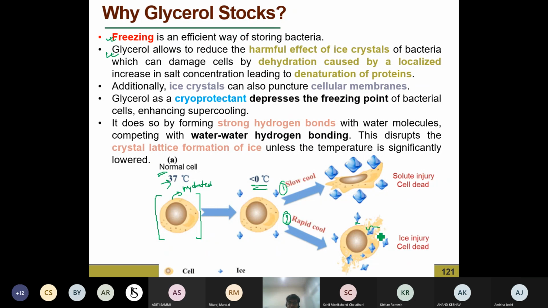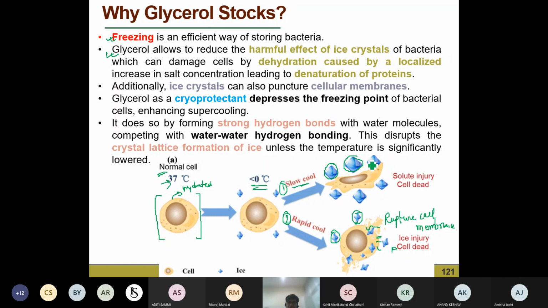This rupturing of the cellular membranes leads to injury of the cells or cell death. And if we go for slow cooling, the ice crystals that are produced are generally bigger.